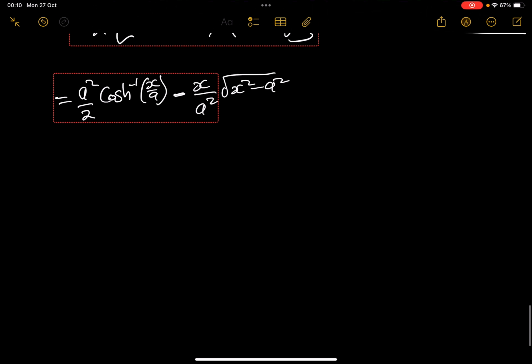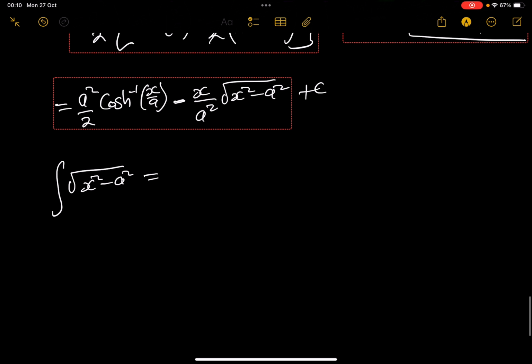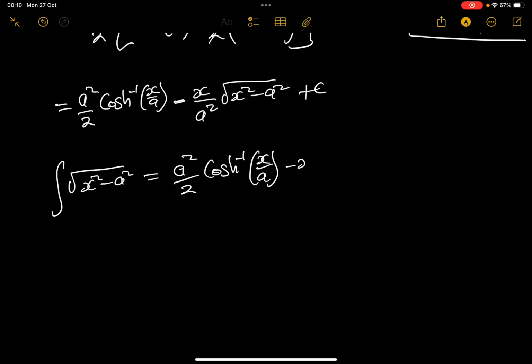So what does this expression mean? If you are given an integral of this form, x squared minus a squared, you should know that you can evaluate it in this form: a squared over 2 cos inverse of x over a minus x over a squared root x squared minus a squared plus c.